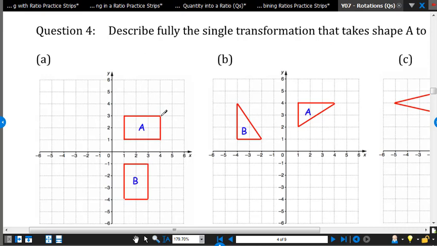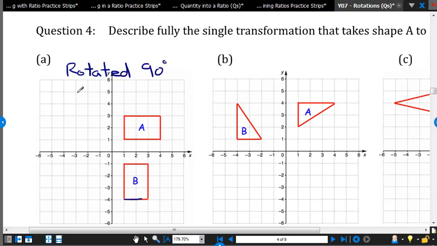Because if you see this side here, it is now down here. So it's been rotated 90 degrees like this. So what we say is: rotation, rotated 90 degrees. The direction is clockwise, in the direction that the clock goes.